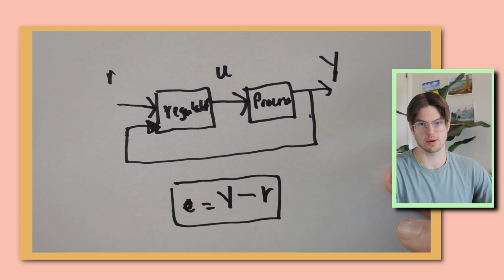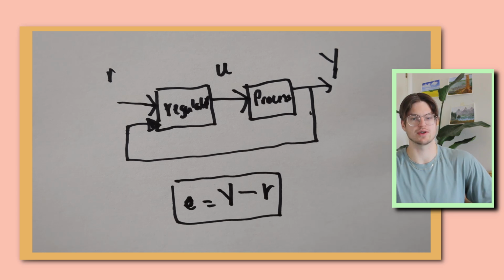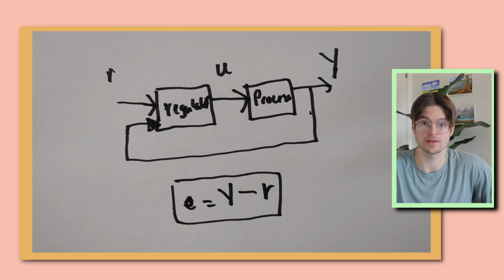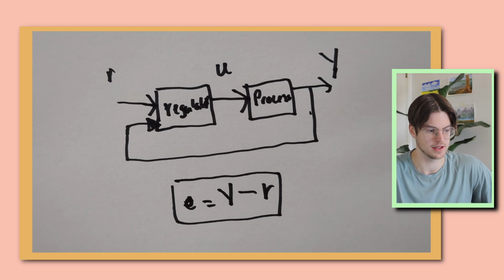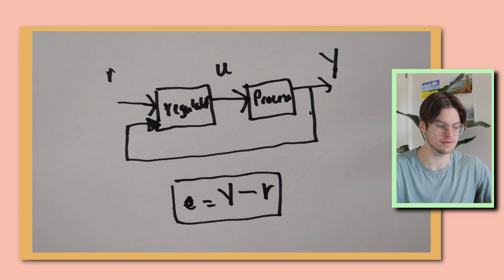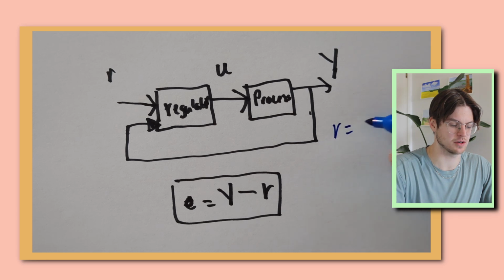I'm going to be talking a lot about a car example, as I mentioned previously. To illustrate, if you're driving a car and you want to keep it at 70 kilometers per hour and you're acting as the regulator, then R would be 70 kilometers per hour.